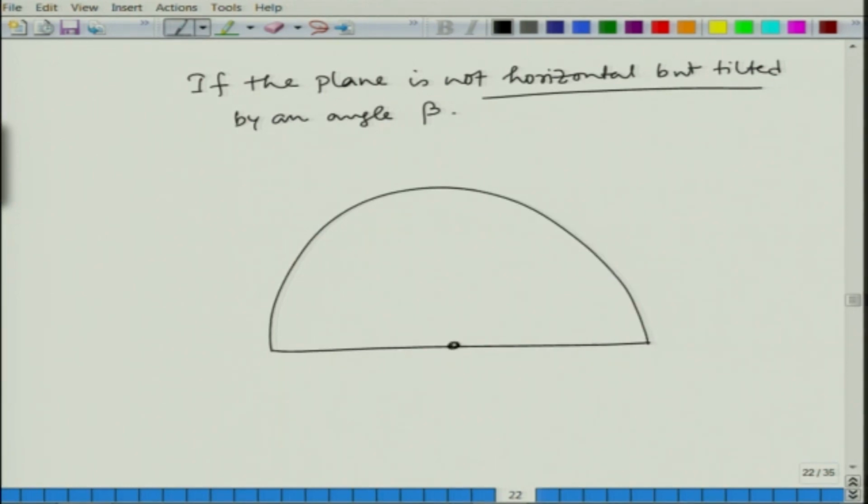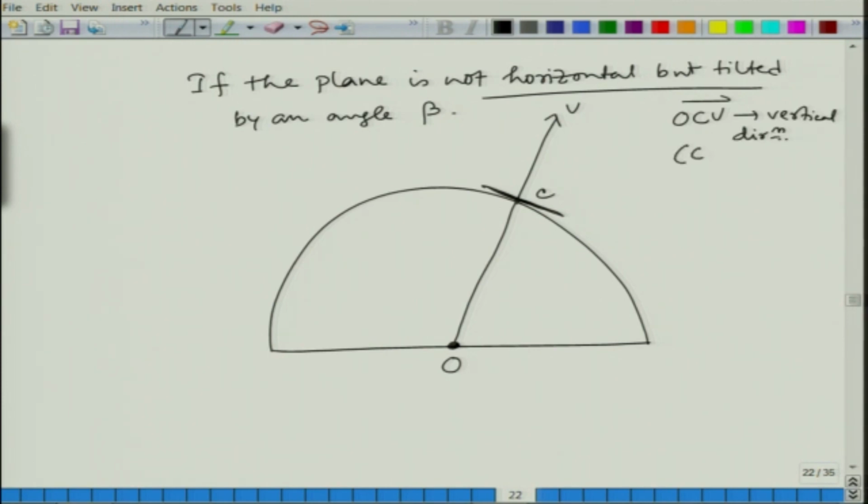So, let us say this is the center of the earth O, okay, and let us say that we have at certain location C, we have a plane which is, so this is the horizontal plane, which means the plane that is perpendicular to this OC line, right. So, OC and let us say V, this particular vector is the vertical direction.